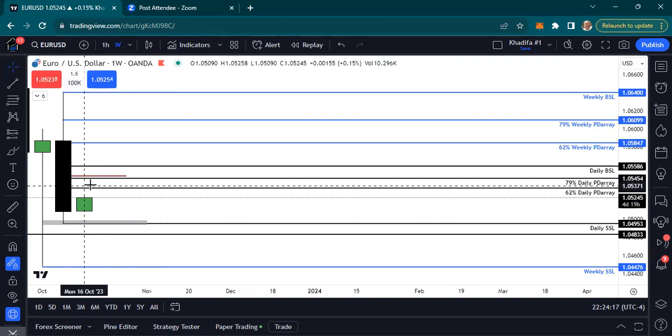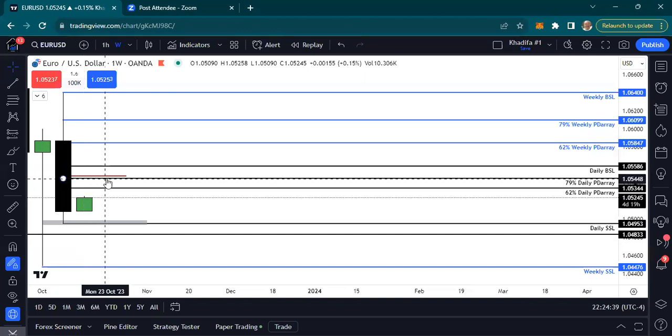I would like to see price below the body, right? So that would allow for price to go up into that 79% PD array level for Friday's price range.